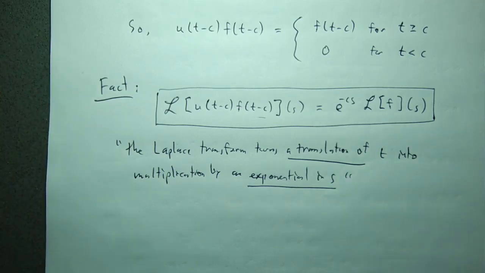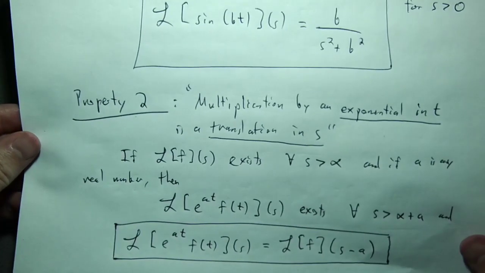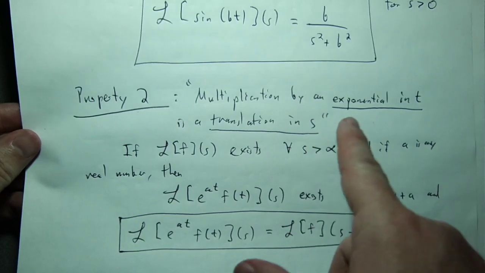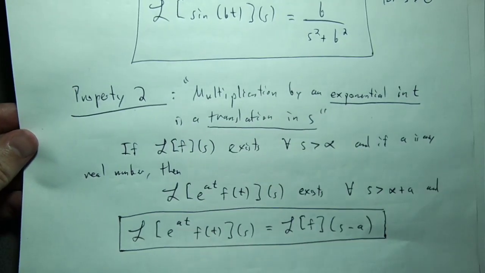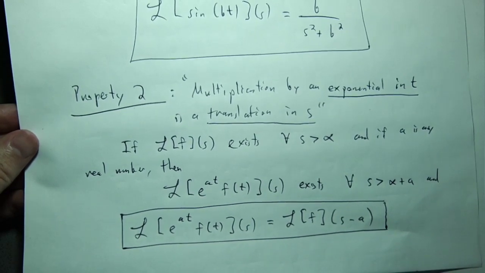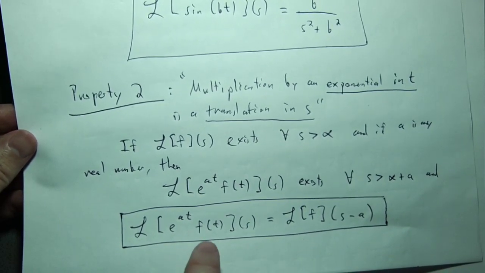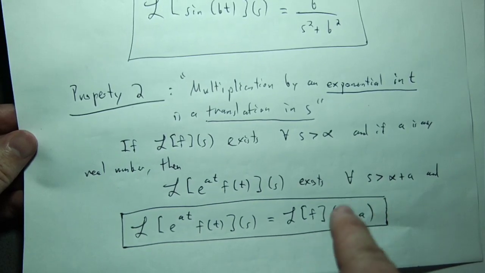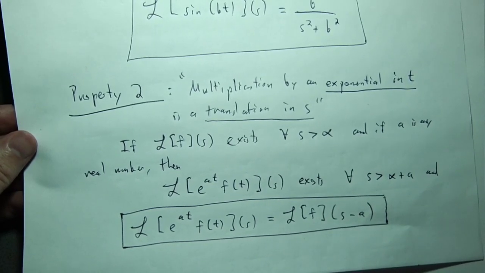So this is just the converse direction, or the other side of what I was saying previously about that second property. Let me go back for a second and remind you. We had property 2. Property 2 says that multiplication by an exponential in t is a translation in s, and this was the thing that expressed that. So the Laplace transform of e to the at f of t is the Laplace transform of f that has been shifted in this way.